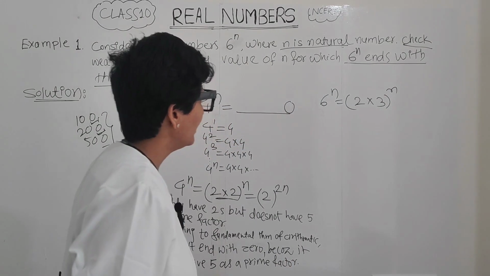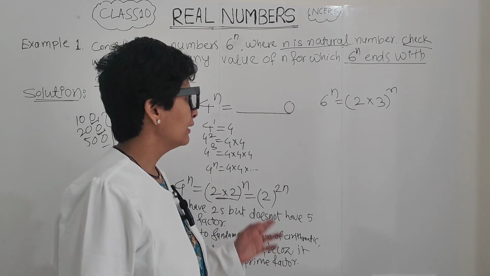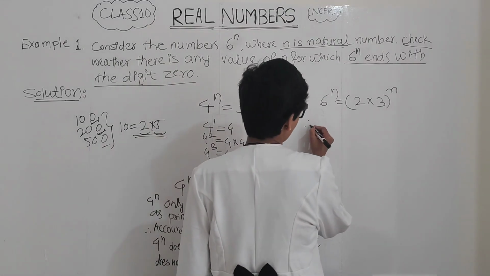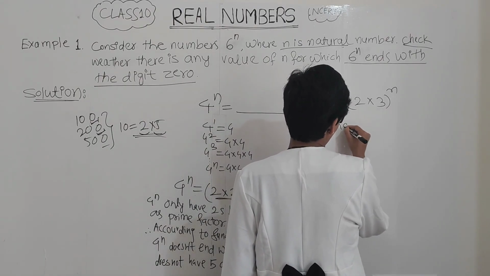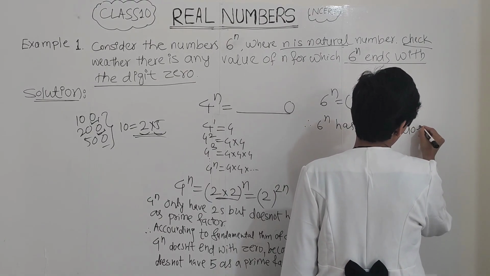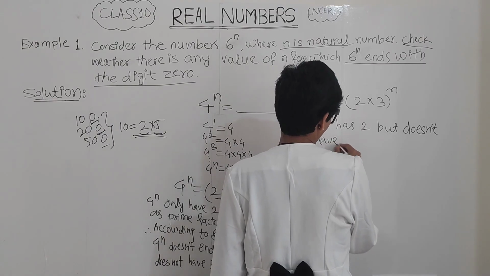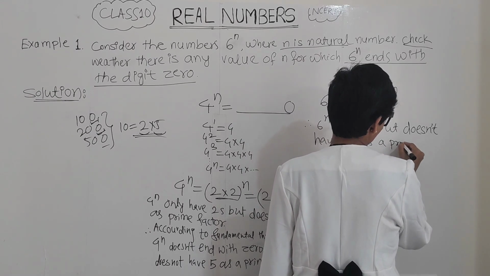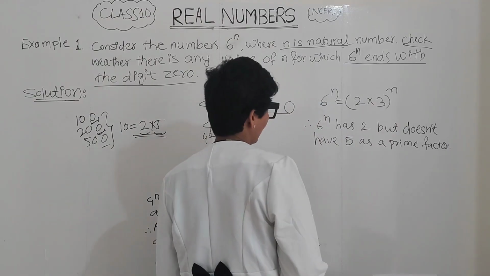Here 6 to the power n has 2, but doesn't have 5 as a prime factor. After factorizing, 6 to the power n has 2 but doesn't have 5 as a prime factor.